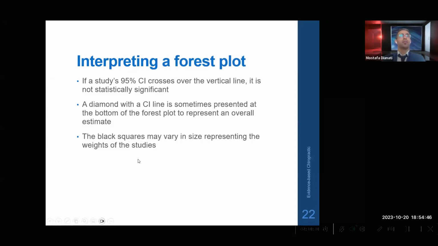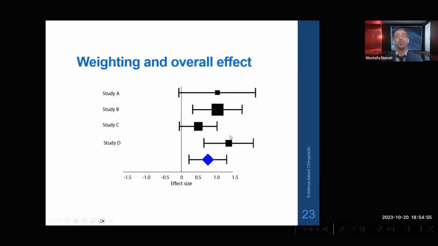Okay, let's go ahead. The blank square may vary in size, reporting the weight of the studies. Let me go back to this one. As you see here, the size of this shape is really low, but the size of this shape is really high. What do you think? Why is this one really small, but this one really big?